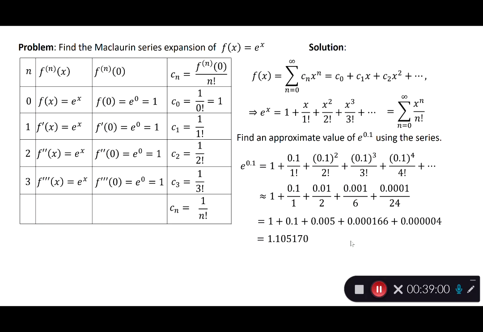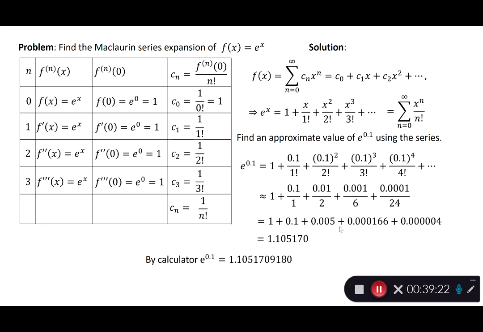Now, I told you this would be jaw-dropping. I don't think your jaw dropped yet. But maybe now, if you go pick up a calculator and figure out what e to the 0.1 would be.